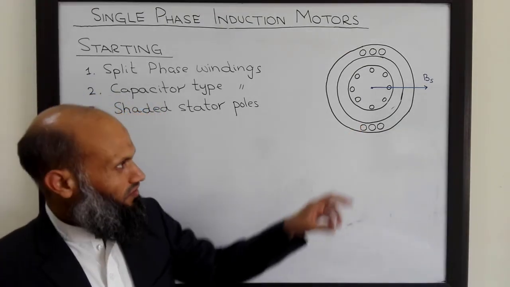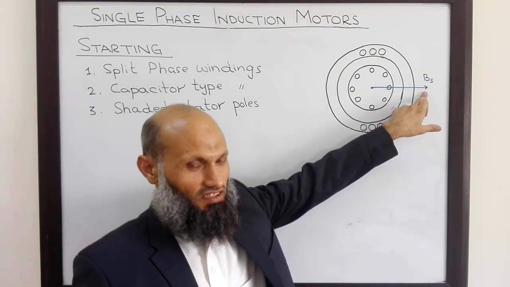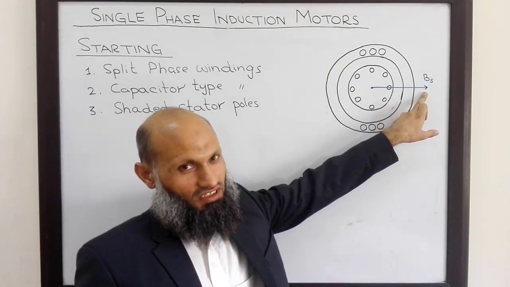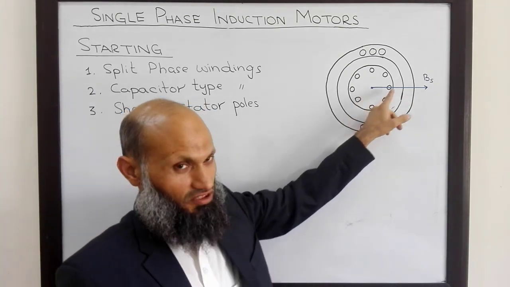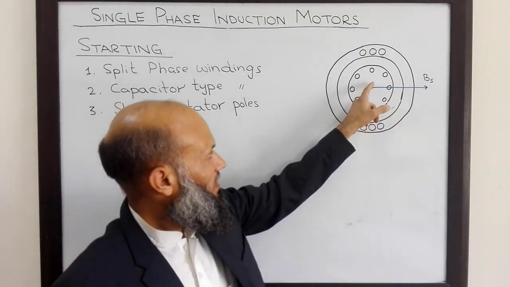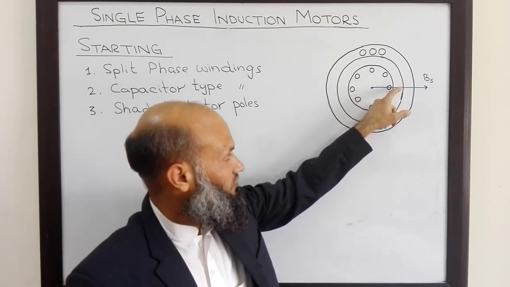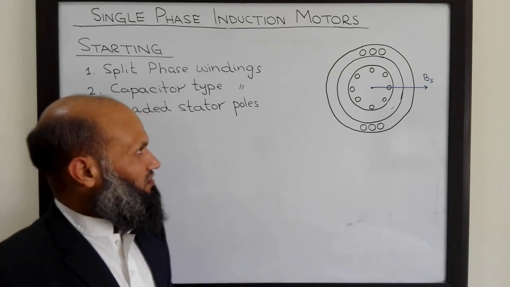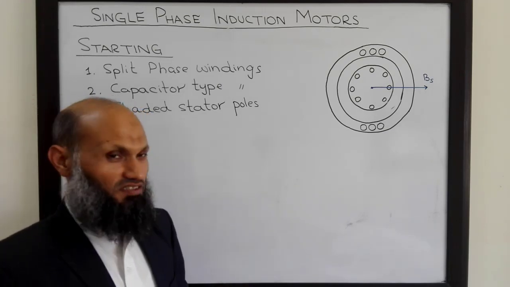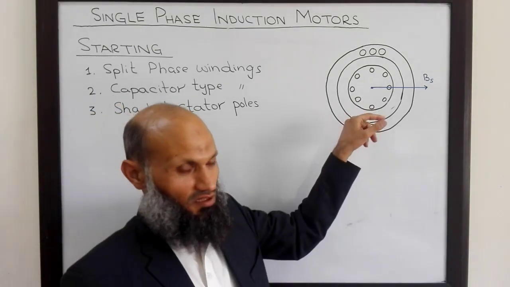So in the last lecture we learned that this pulsating magnetic field can be decomposed into two flux density vectors. One vector which is rotating in clockwise direction, and another flux density vector which is rotating in counterclockwise direction. And this single phase induction motor responds to both of these components.